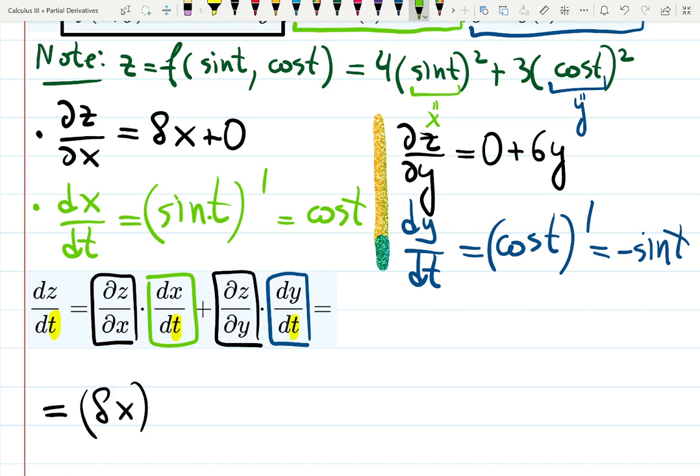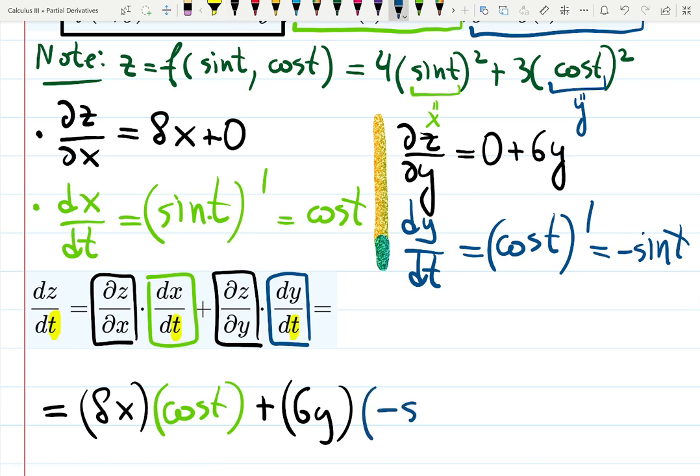In green color, dx over dt is cosine t, plus dz over dy is 6y times the blue color derivative of y with respect to t, which is minus sine t, and that is the answer. How about that? You can simplify if you want, but leave it up for a little bit, please.